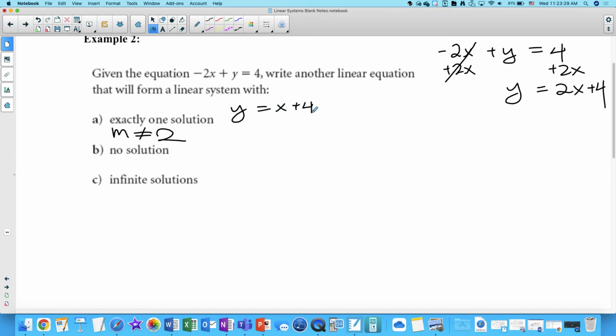You could do y equals 1.99x plus 5, right? Still different. These would look parallel, but in fact, at some point on the coordinate plane, they would intersect. You could do y equals -3/4 x plus 0, right? Those would all work.